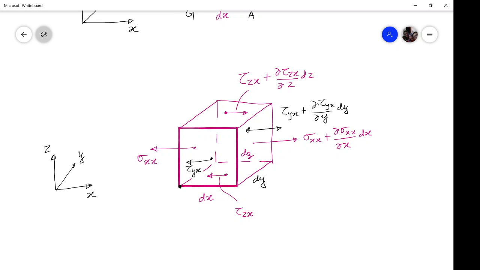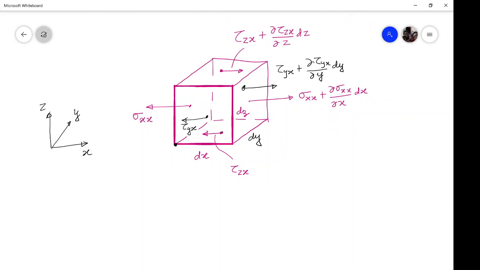So now you have written all the stresses on all the faces in the x direction, either towards the positive x side or towards the negative x side. Now what we will be doing is converting this into forces. So let us start with the x faces.